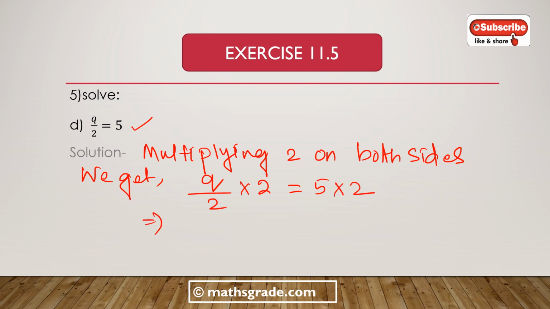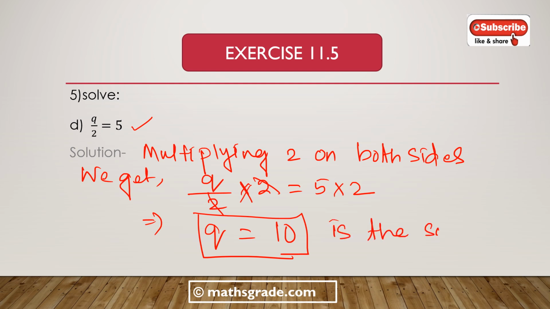Because 2 is multiplied on the left hand side, we have to multiply 2 on the right hand side also to balance the equation. q divided by 2 multiplied with 2, the 2s cancel, then q equal to 5 multiplied by 2, that is 10, and q equal to 10 is the solution of the given equation.